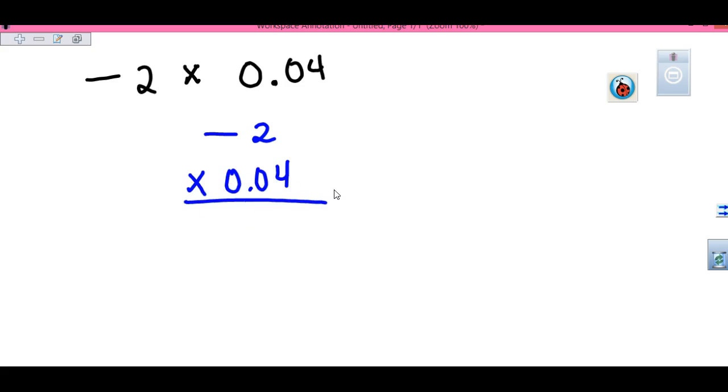I do not need to line up my decimals. I need to know how many decimal places in total. So does the 2 have any decimal places? No. 0 decimal places. How many decimal places is 0.04? 1, 2. 2 decimal places.